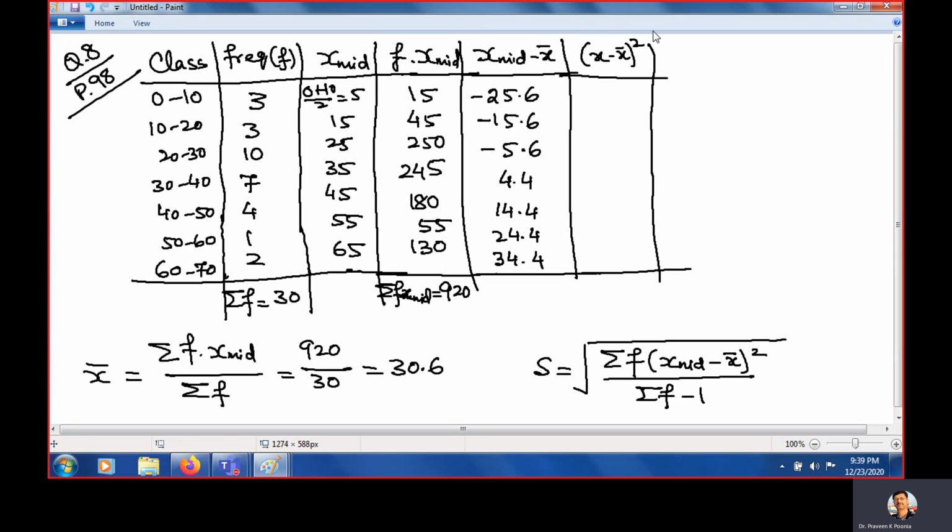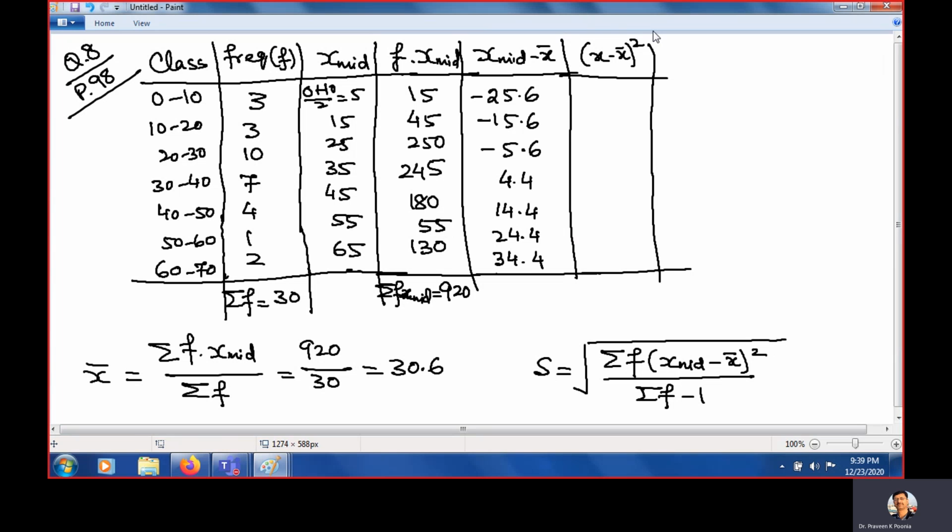Okay, so I will use the calculator in my hand and solve the calculation. This is minus 25.6 whole square.